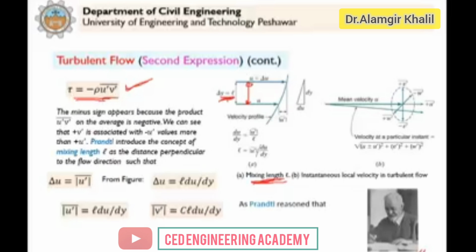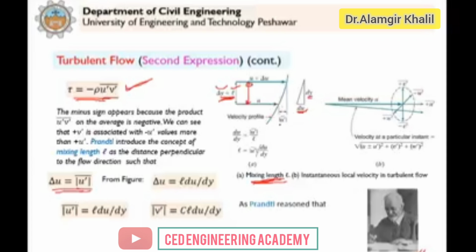Clear? So now based on this concept, how to calculate the mixing length L, if we compare these similar triangles, this is du and this is the change in the velocity, and this is in a distance dy. Clear? Here. Similarly, we have this delta u that we take as equal to u dash bar. So this delta u will be equal to the time average of these fluctuations in the x direction.